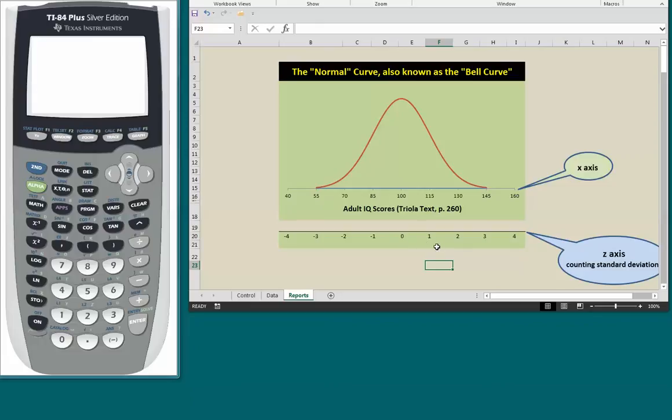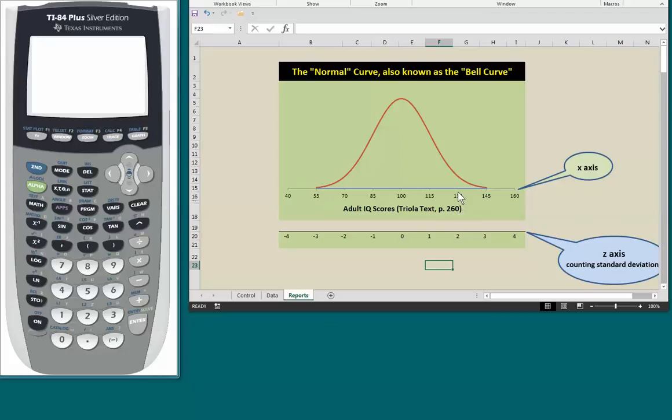It tells you the number of standard deviations any value is away from the mean. So in this z-axis, you'll see 0 corresponds to the mean itself, because at 100 you are not away from the mean at all. But the number 115 is 1 standard deviation above the mean, so its z-score is 1.